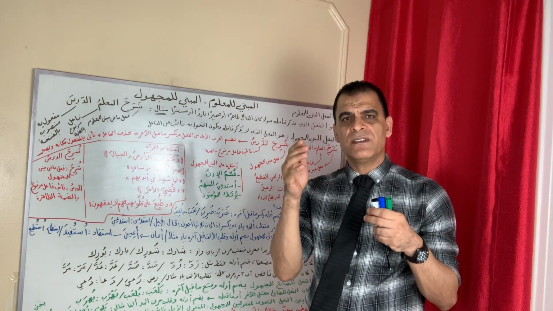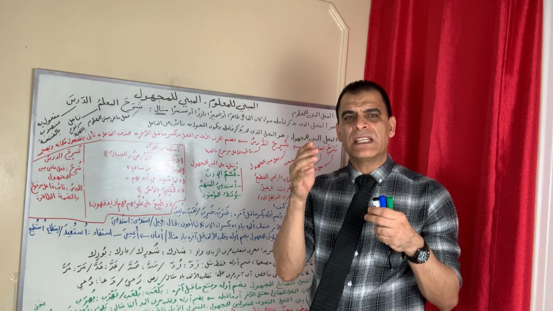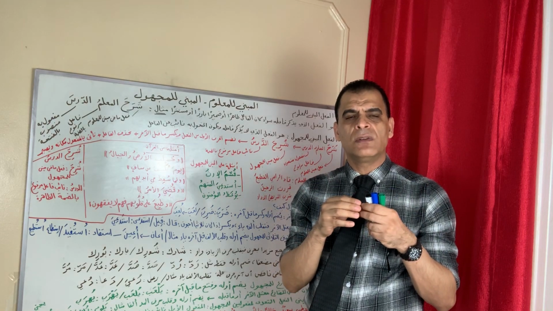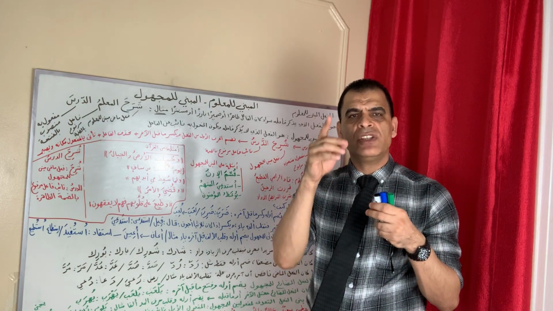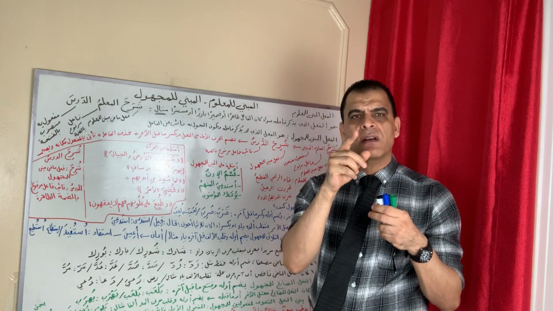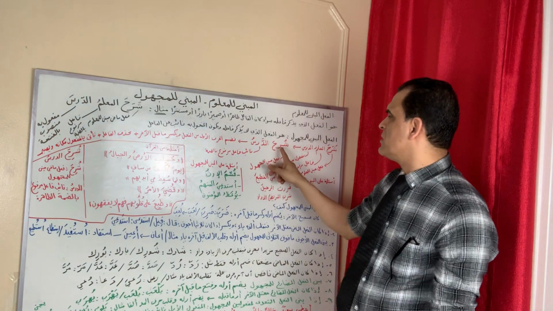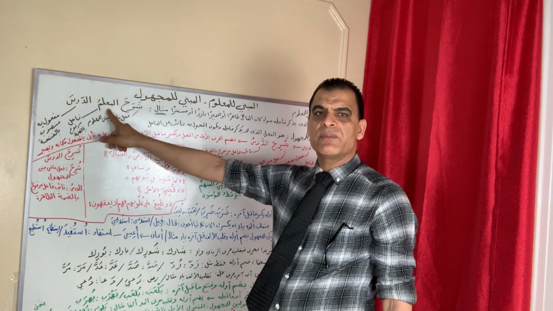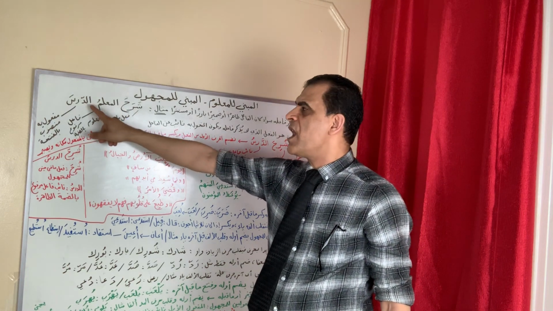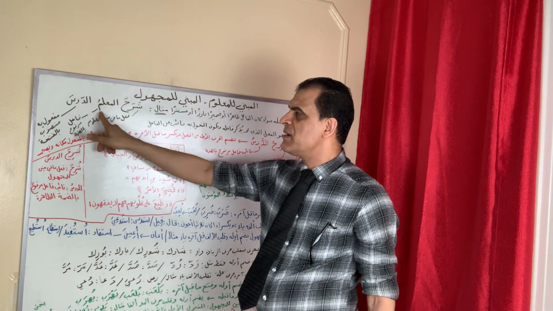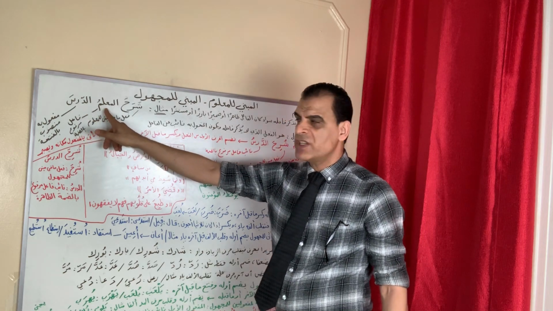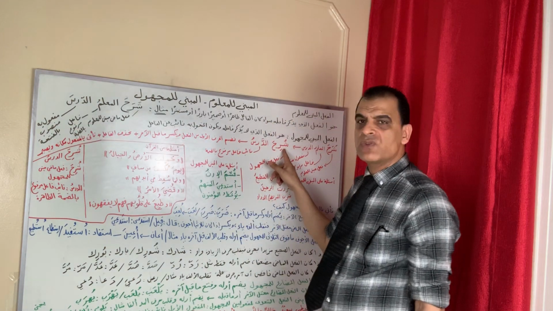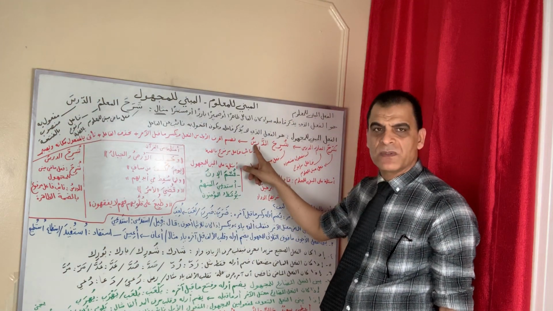In the active we say شرح, in the passive we say شُرِح. شين ضمة شُ، راء كسرة رِ. So شُرِح, and we take the subject off from the sentence and bring the object, and it takes the place of the subject and changes the vowel from فتحة to ضمة, and it became شُرِحَ الدرسُ.